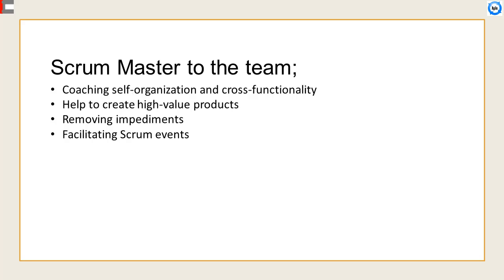The Scrum Master serves the development team in several ways, including coaching the development team in self-organization and cross-functionality, helping the development team to create high-value products, removing impediments to the development team's progress, facilitating Scrum events as requested or needed.